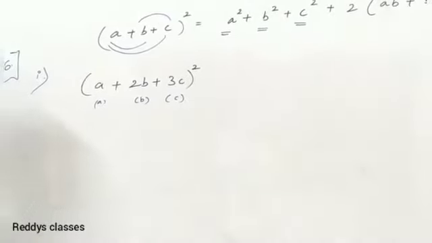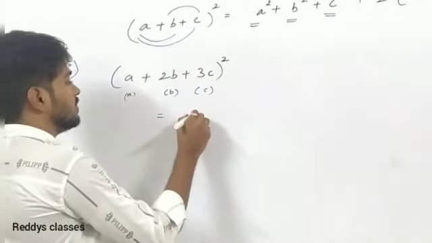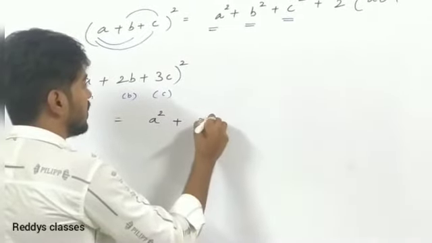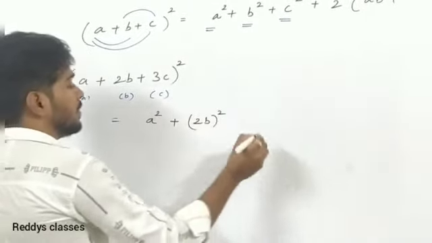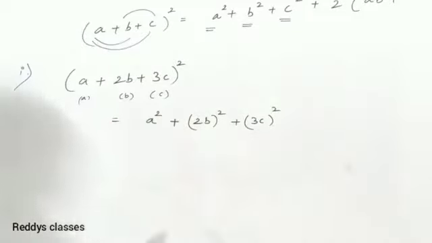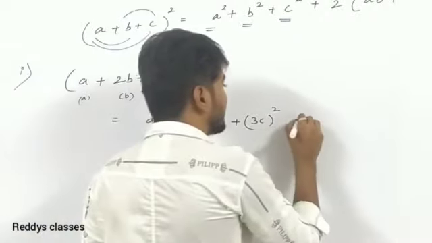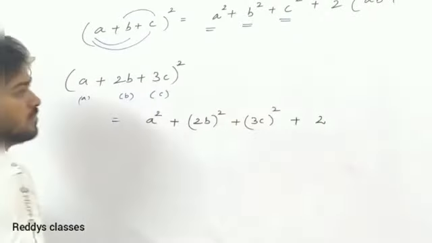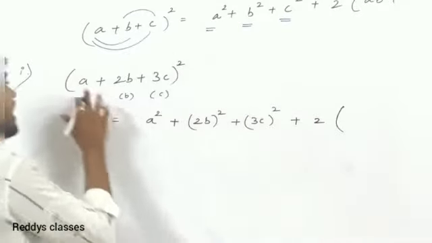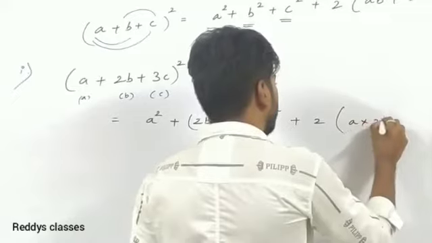Let us start solving. We have a square plus b square plus c square plus, according to the formula, 2 into (ab plus bc plus ac). 2ab means a into 2b.